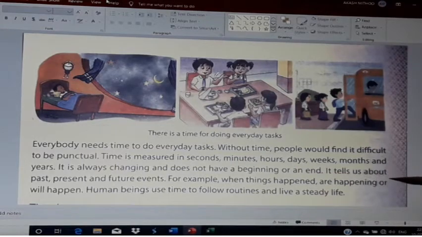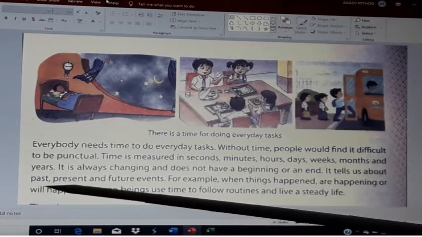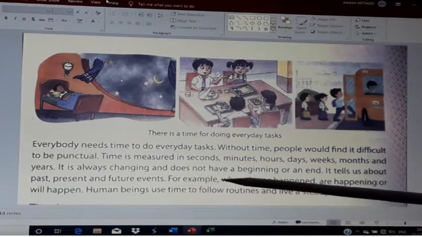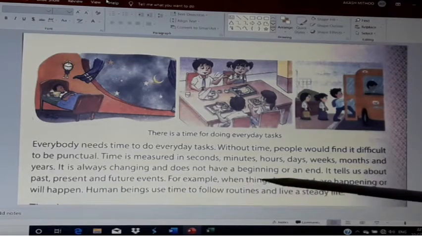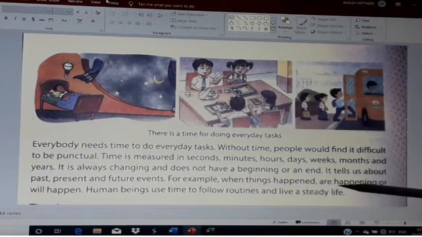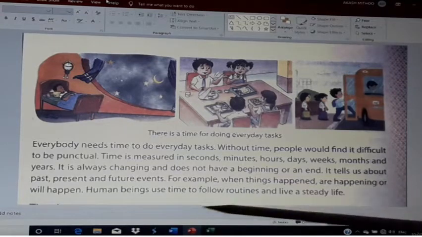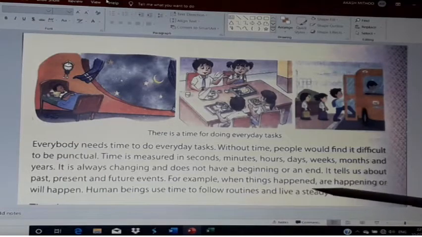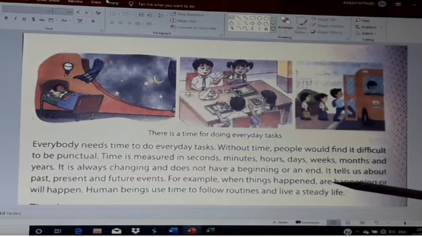It tells us about past, present and future events. For example, when things happened, are happening or will happen. When things happened, it is the past time. When things are happening, it is the present time.